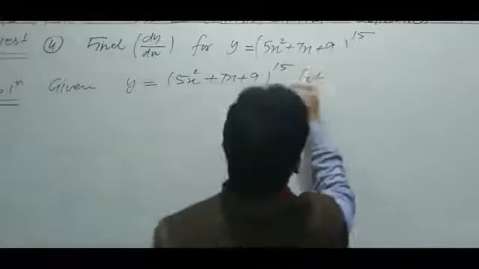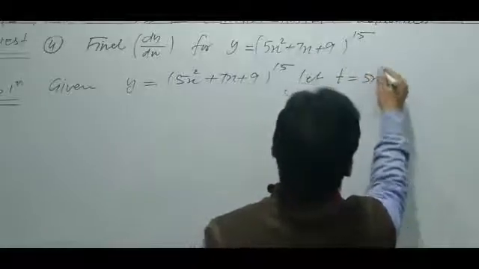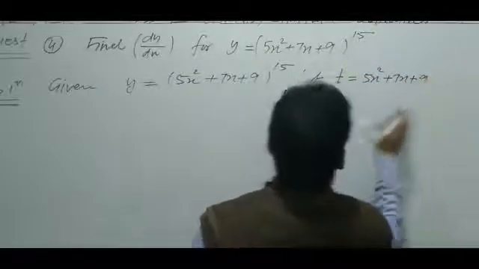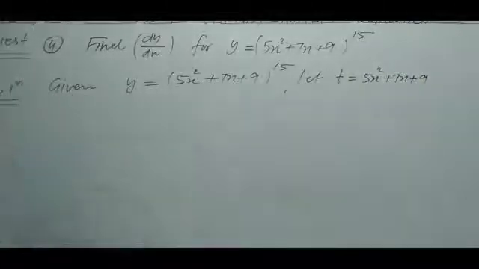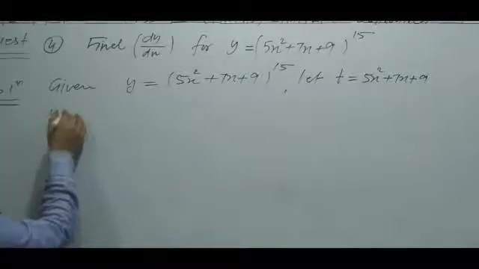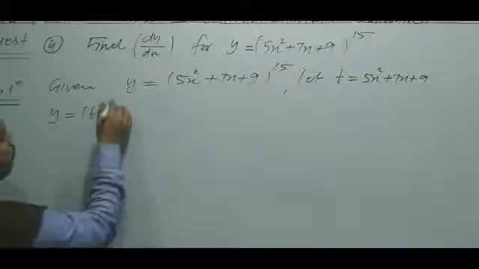Now let t is equal to 5x square plus 7x plus 9. So y is equal to t to the power 15.